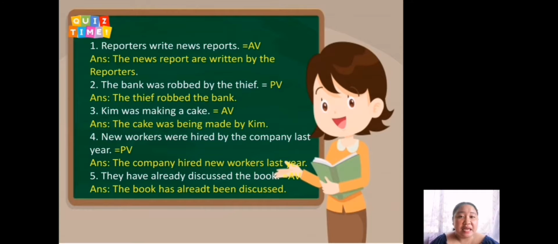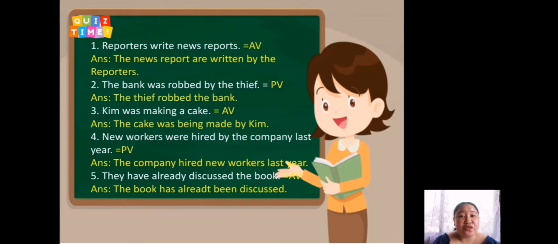It is in passive voice, so convert it into active voice. The answer: the company hired new workers last year. And the last one, they have already discussed the book. It is in active voice, so we need to convert it into passive voice. The answer is: the book has already been discussed.